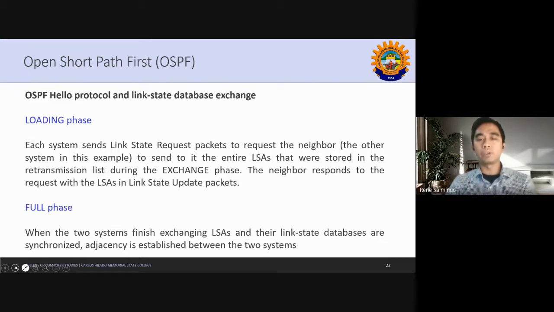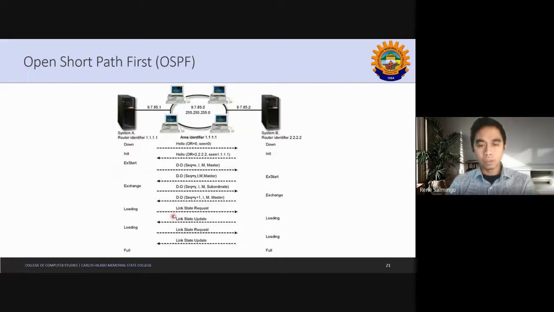The neighbor responds to the request with the LSAs, or the link state addresses, in the update packets. Then after it responds, you are waiting for the neighbor to respond at the loading phase.